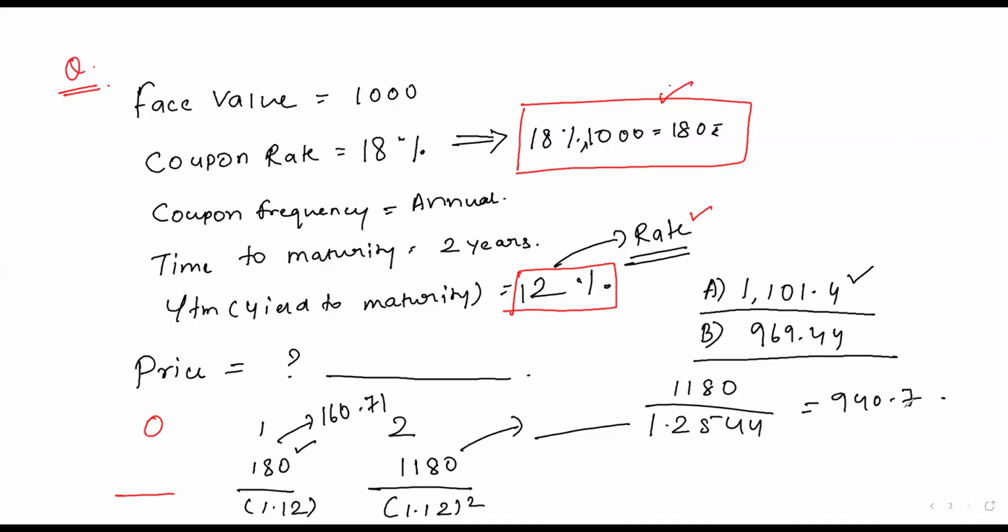So 160.71 plus 940.7 gives you 1101.4. And this is what the answer is.